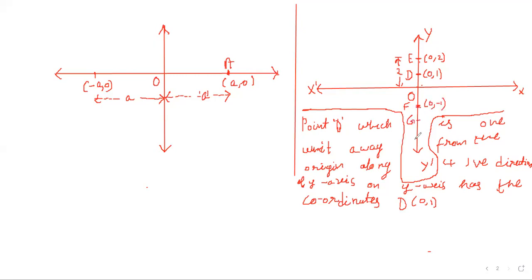Next point, the point which is 2 units away from the origin along the negative direction of the y-axis has the coordinates (0, -2). Hope you all must have understood this.